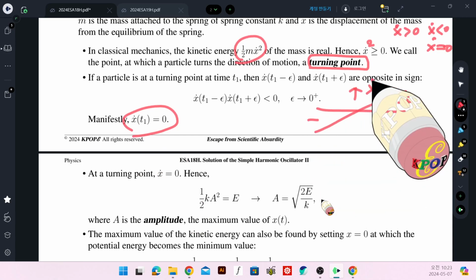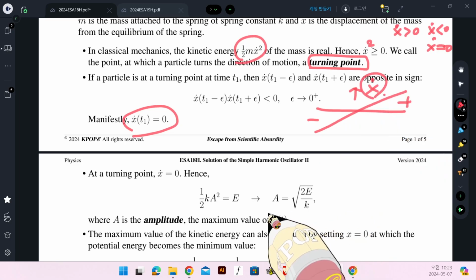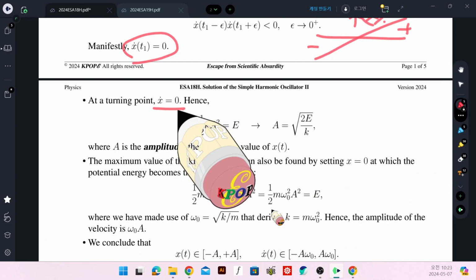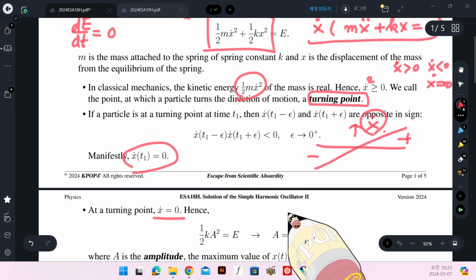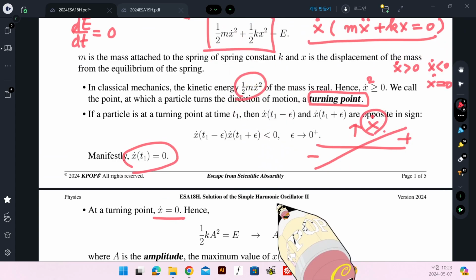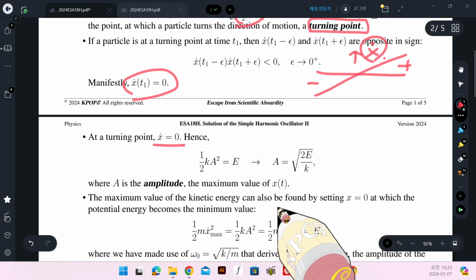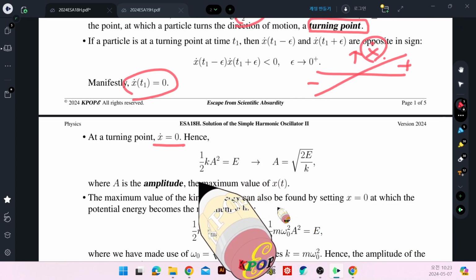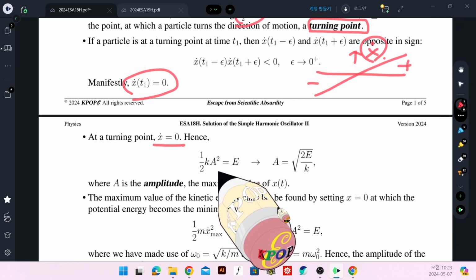This is a velocity. At the turning point, velocity is 0. If the velocity is 0, then the kinetic energy disappears. Therefore, the total mechanical energy is simplified to be 1/2 kx squared.